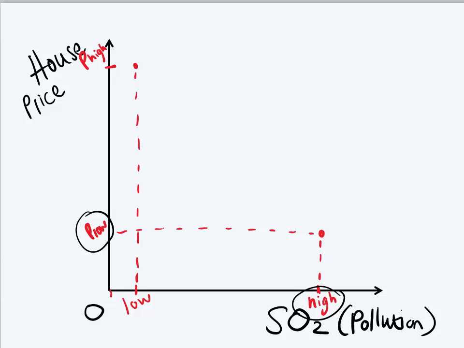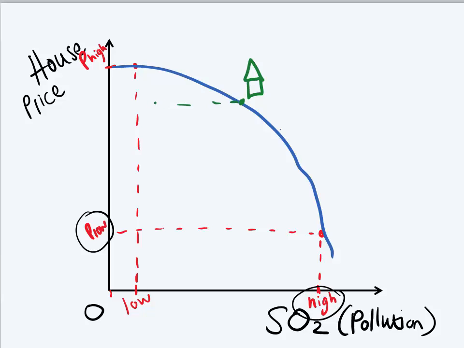Okay, now we're just going to connect the dots over here. Let's get the blue, so the graph looks something like this. It's a bit skew, but you get the idea. Meaning, let's say I buy a house over here.